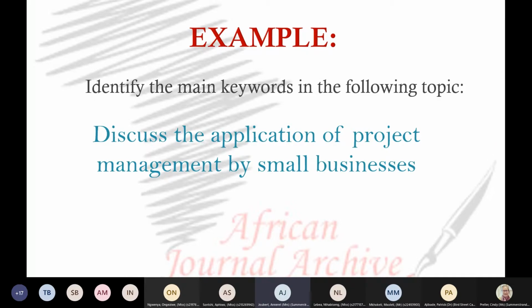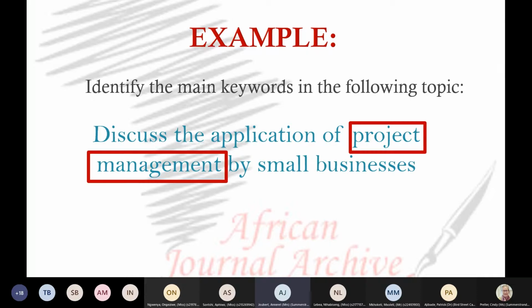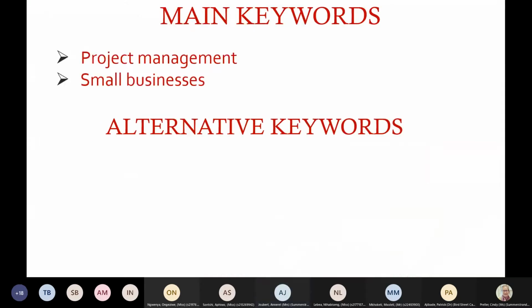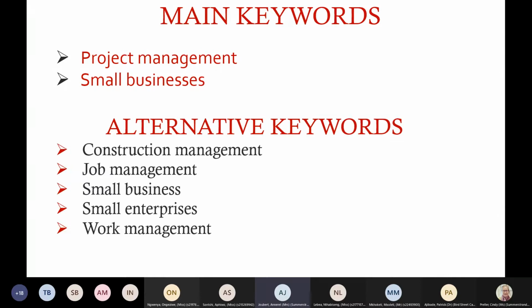So I identified project management and also small businesses as my main keywords. So you write those keywords down on a piece of paper, and then you get your alternative keywords. And that is all the alternatives that I could think of.